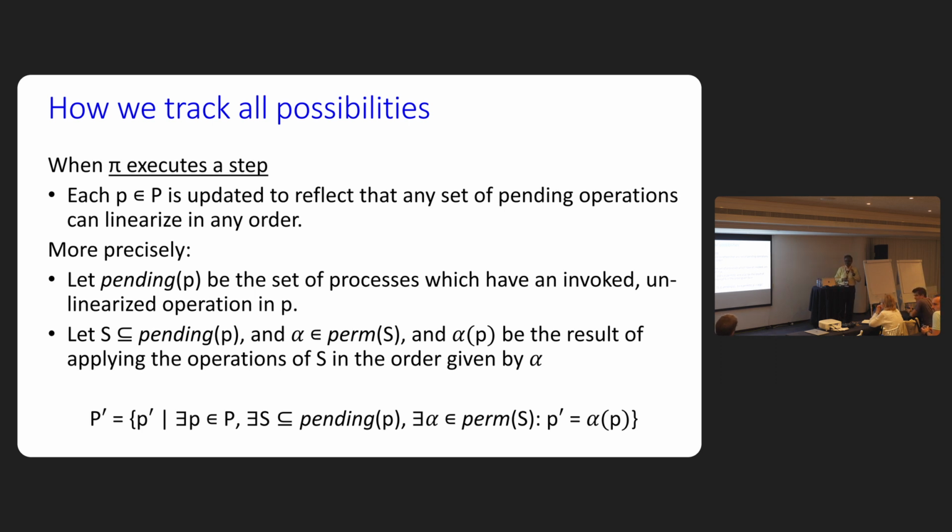Prasad, what do you mean by executing a step precisely? Your algorithm, let's say you are implementing a queue. You have a procedure NQ, a procedure DQ. Your procedure NQ, let's say, has 10 atomic instructions.